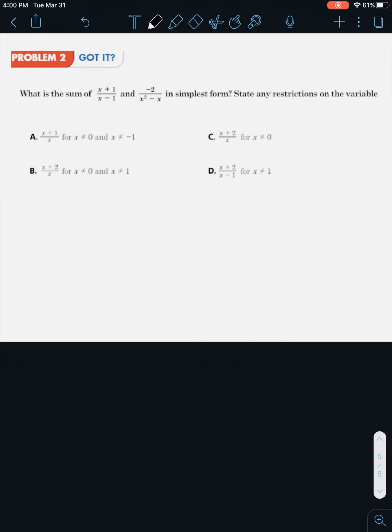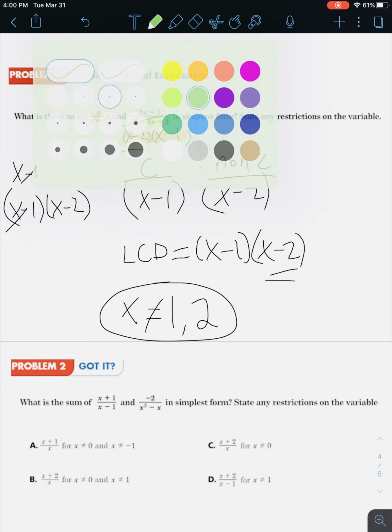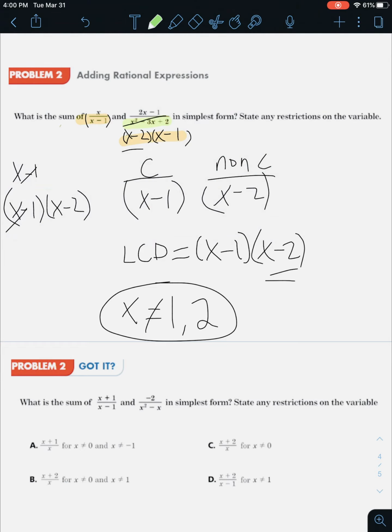All right. Our last one is, what's the sum of x over x minus 1 and 2 over x minus 2? Oh, I forgot to add these together. Here's one way of doing this. I could get those denominators equal to each other by multiplying this denominator by x minus 2 on the downstairs, but that means I have to multiply by x minus 2 on the upstairs.